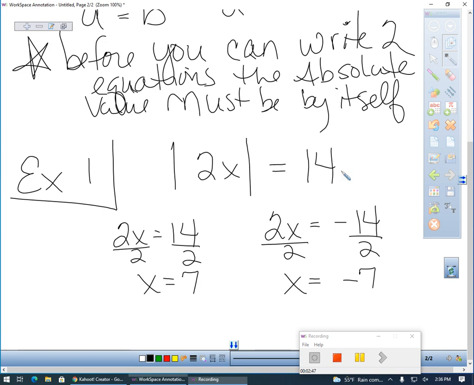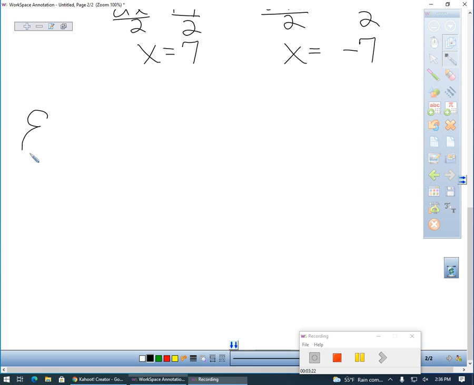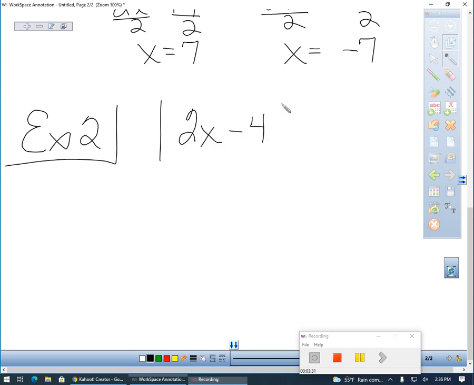Okay, let's try example number 2. We have the absolute value of 2x minus 4 is equal to 10. So my first question for you is the absolute value by itself? It is.